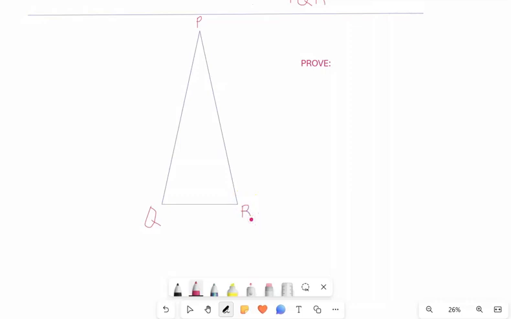And let's say we have this triangle PQR, and this time we want to prove that segment PQ is congruent to segment PR. So we know that these angles are already congruent. We're starting with that knowledge. We're going to write that down.